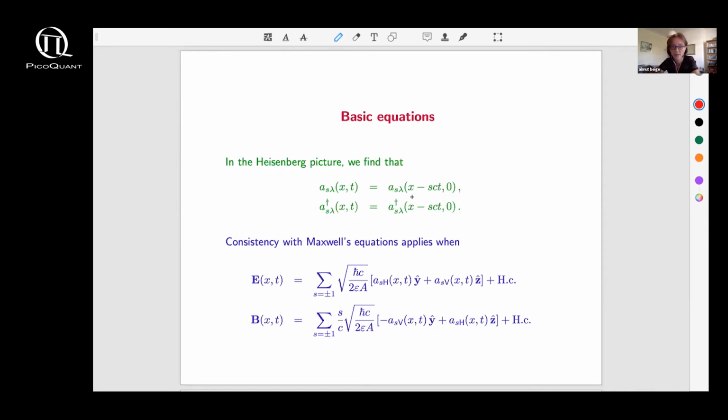So if we want to write down electric and magnetic field operators, we just superpose. In this case, I look at light propagating along the x-axis, so we put in field vectors in the y and the z plane. Here, the factors in the front have been chosen such that we later discover all standard theory quite easily. I will say more about it when we get there.